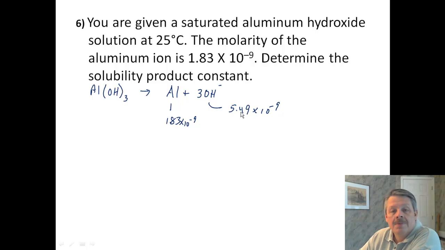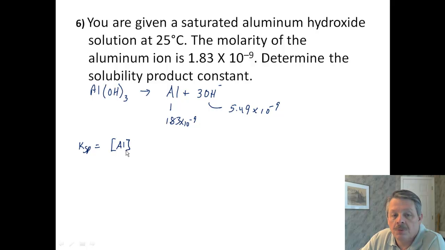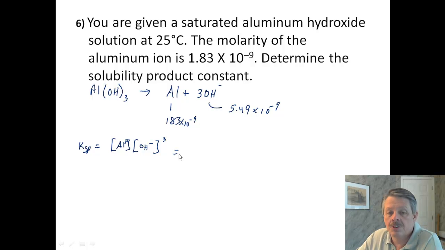All right, so how do I figure out my Ksp? My solubility product constant is equal to the concentration of my aluminum times the concentration of my OH raised to the 3rd power, which is going to be 1.83 times 10 to the -9th times 5.49 times 10 to the -9th cubed.